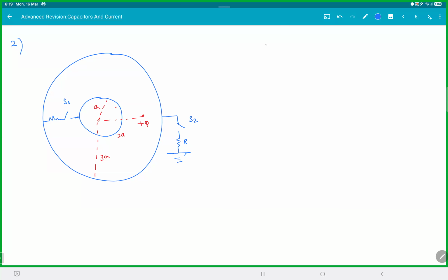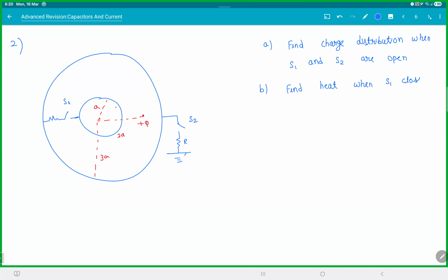So the first question: find the charge distribution when both the switches are open. Then find the heat when S1 is closed.